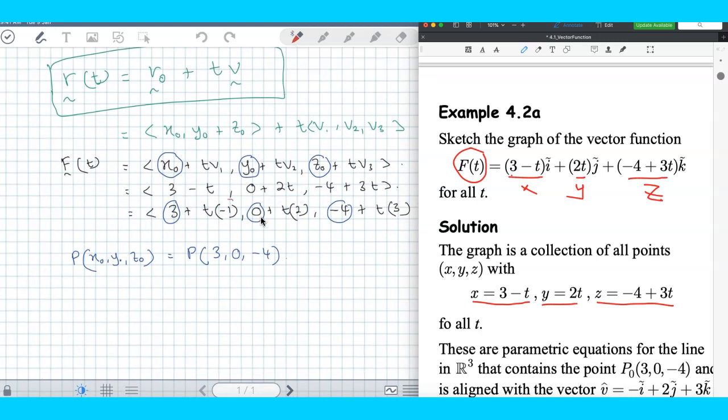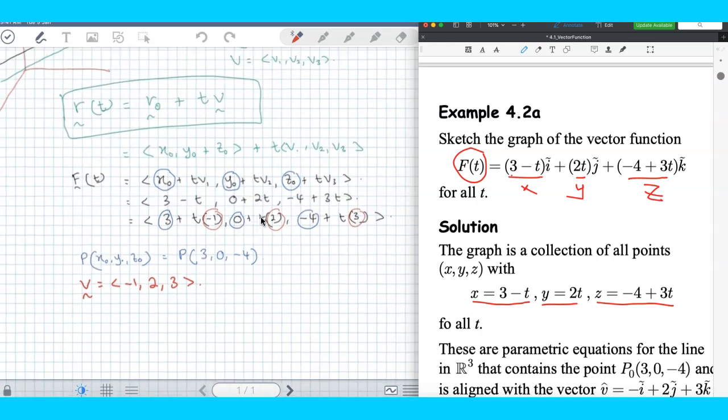So this is v1, this is v2, and this is v3. So now we can write down our v. It is a vector, with the position vector v1 being minus 1, 2, and 3.